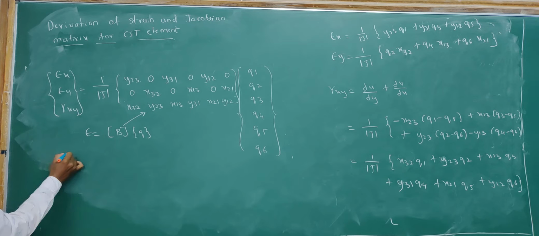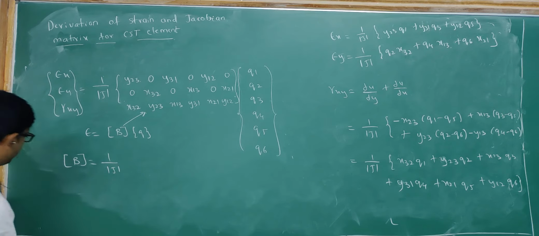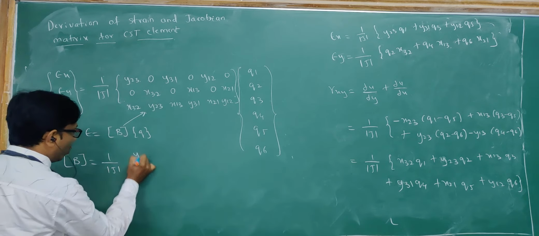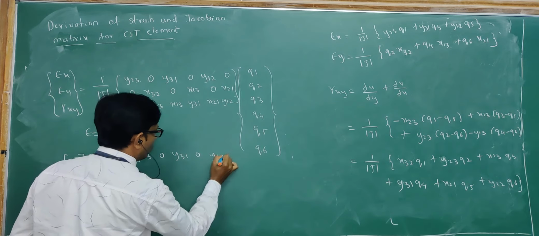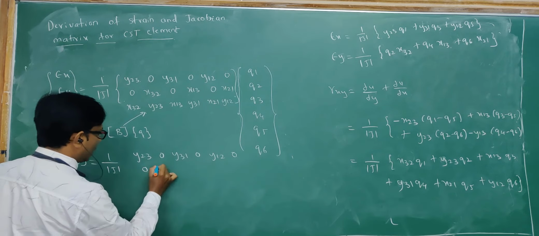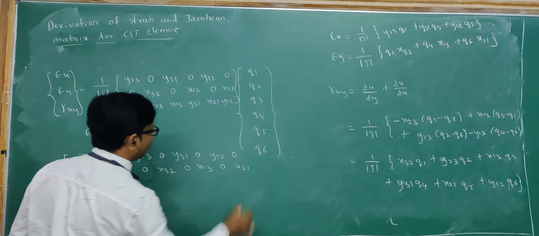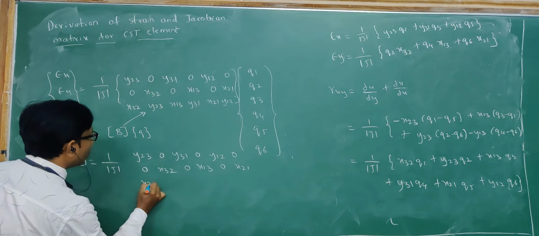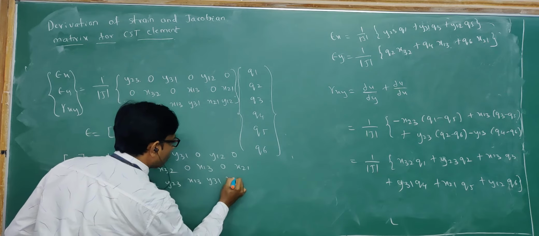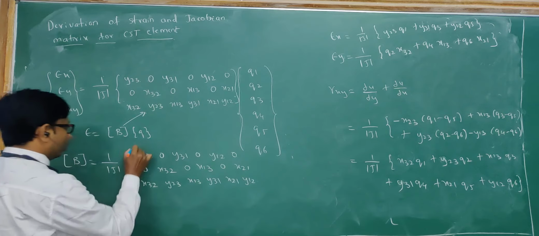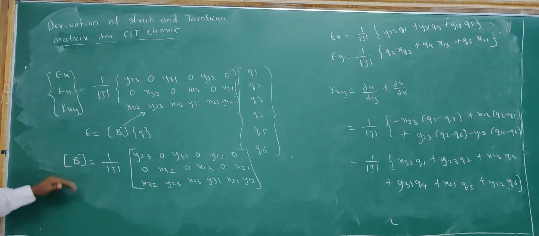So the B matrix is nothing but 1 upon determinant J, times: Y23, 0, Y31, 0, Y12, 0; then 0, X32, 0, X13, 0, X21; and similarly X32, Y23, X13, Y31, X21 and Y12. So this will be the strain displacement matrix for the CST element.